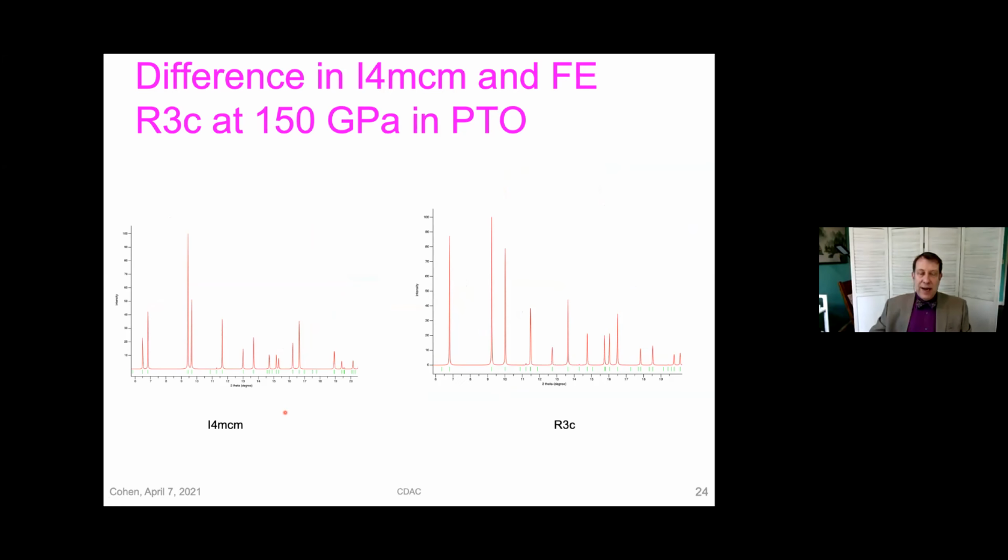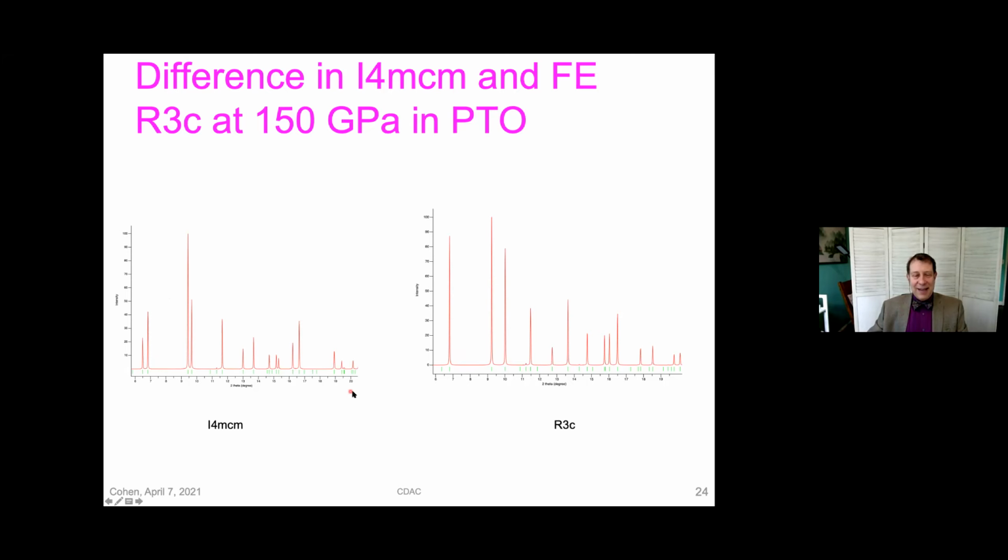If you were to look at a predicted X-ray of the 2 structures, it should be pretty clear to tell them apart. So I was wondering if that was going to be the case or not. So if anybody wants to do megabar and above X-ray experiments, you can easily determine if it is the tetragonal structure or the rhombohedral structure. So maybe I can encourage someone to do that experiment.